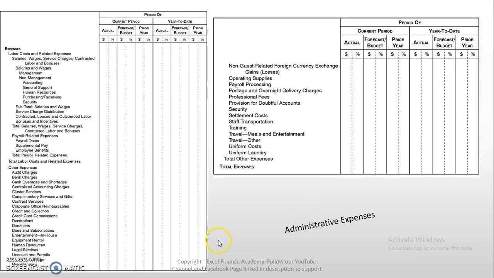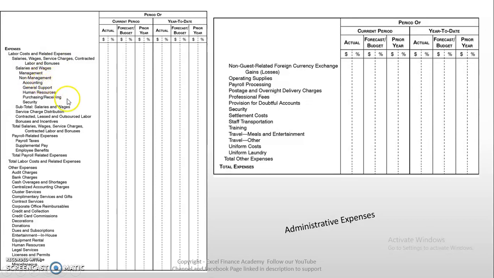Then you have administrative expenses, which is called administration in general. This one has no revenue. However, you can compare it together with the gross operating revenue, and the percentage is calculated based on the gross operating revenue of the hotel. The labor cost is the same again: management and non-management.